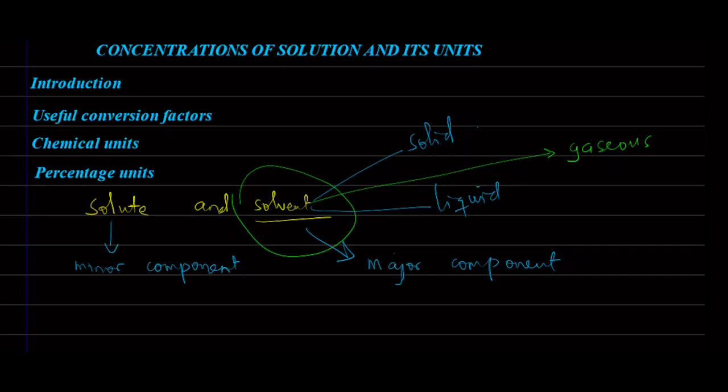So solution simply means when a solute is dissolved in a solvent. There are two types of solution. We have the homogeneous and we have the heterogeneous. Homo and hetero.